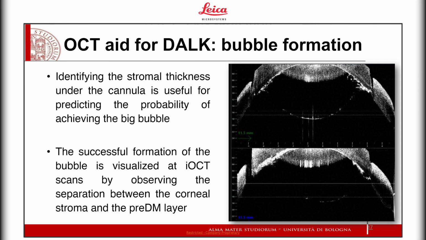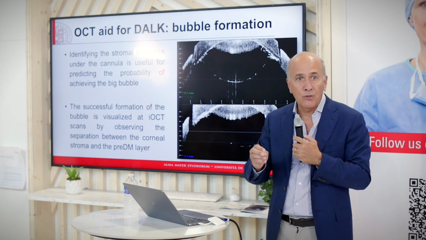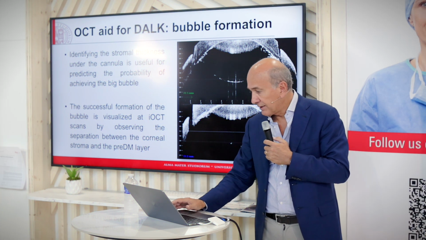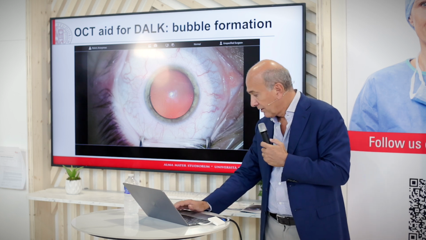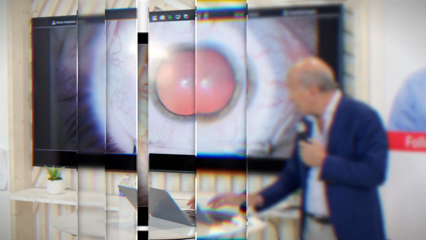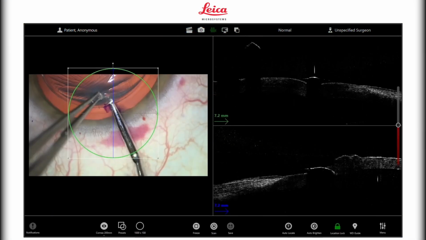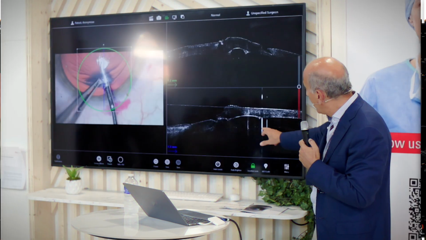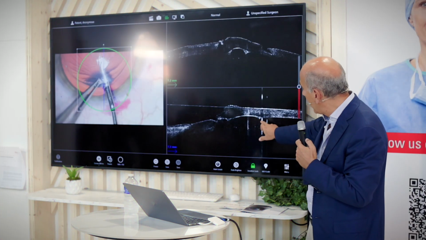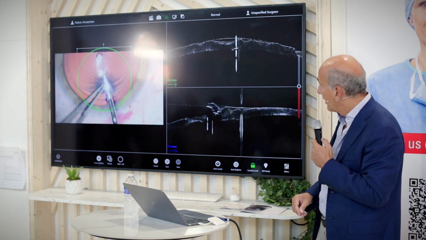So what happens in real life? I showed you a few examples from donor cornea, excised cornea, okay? But what happens in real life? This is a case I did a few months ago. I insert the cannula deep in the stroma, and I measure exactly where I am. I can picture where I am in the stroma.